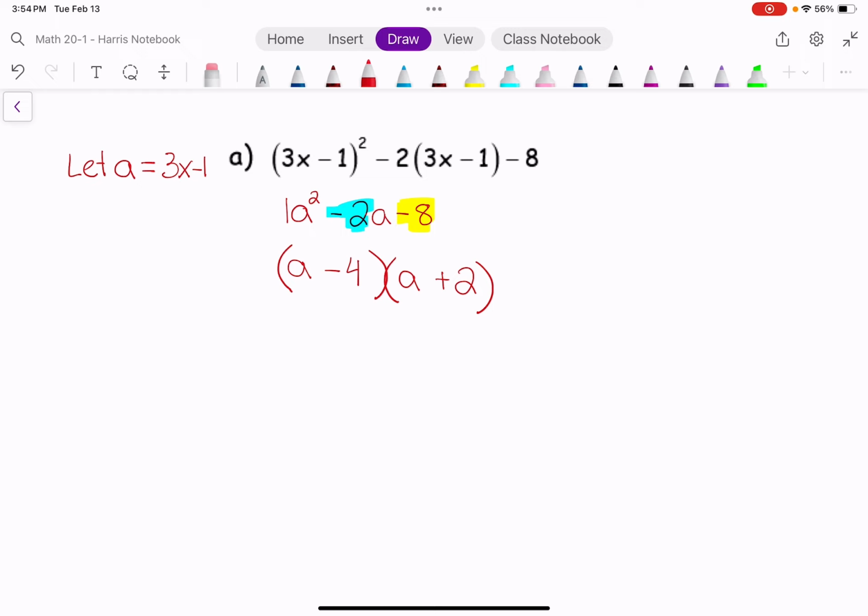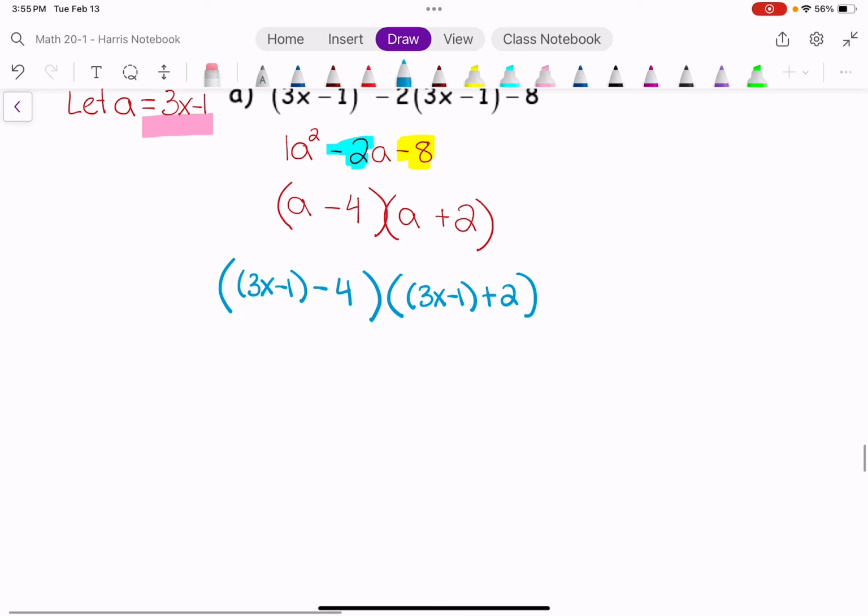The only difference is now I need to plug back in what the original piece was. I said that A was 3x - 1, so anywhere I see an A, I'm going to plug back in 3x - 1. So here I have (3x - 1 - 4) and then (3x - 1 + 2).